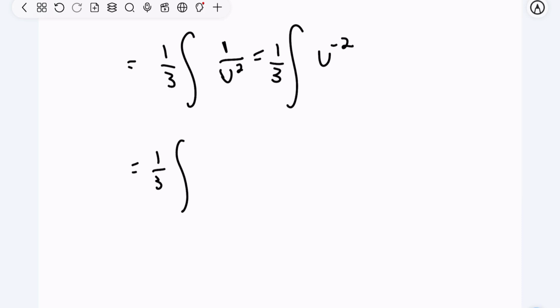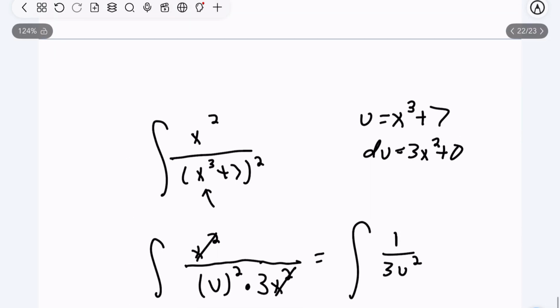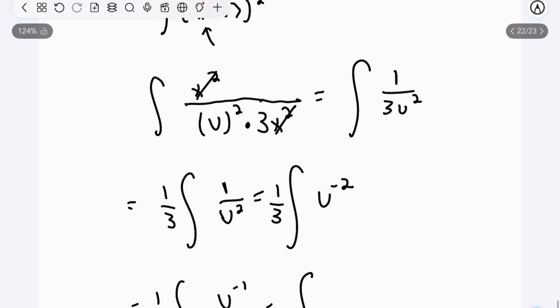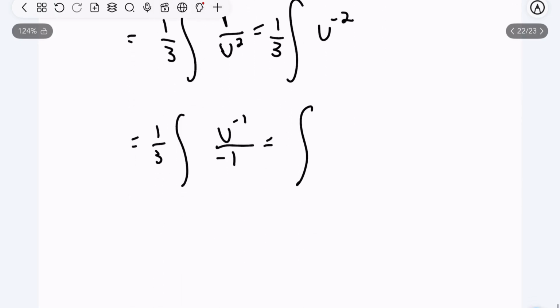The u to the negative 2 is going to be u to the negative 1 over negative 1, which is going to then equal, you can put back in the u, which is x cubed plus 7. That is going to be 1/3 times x cubed plus 7 to the negative 1.